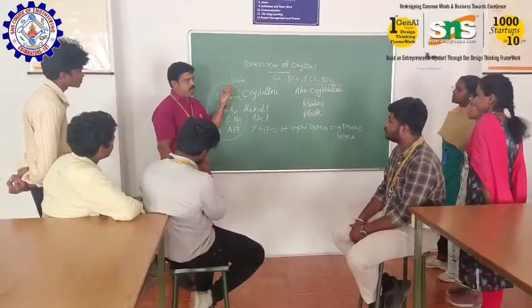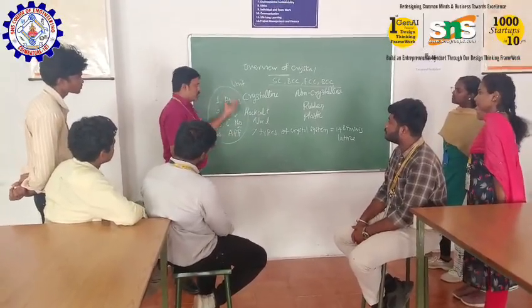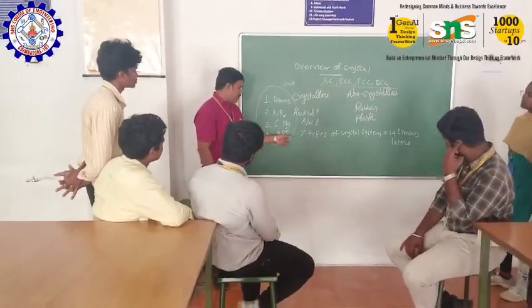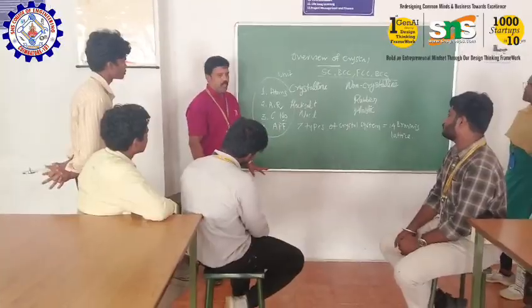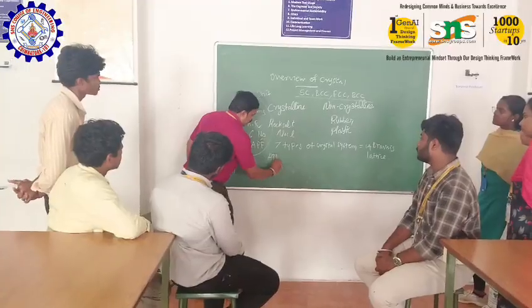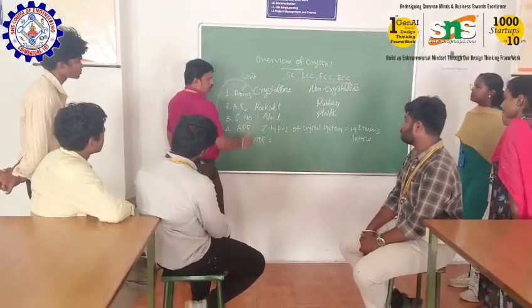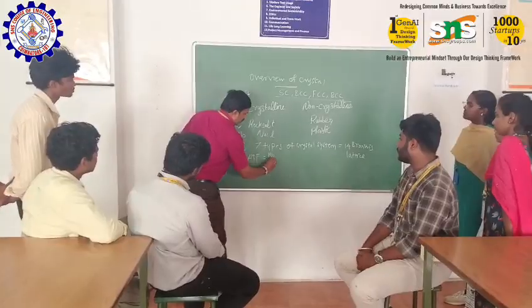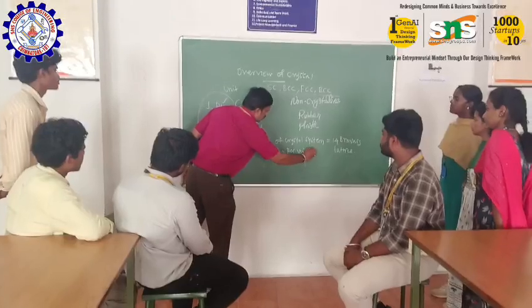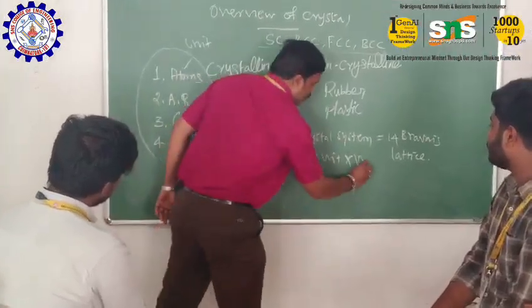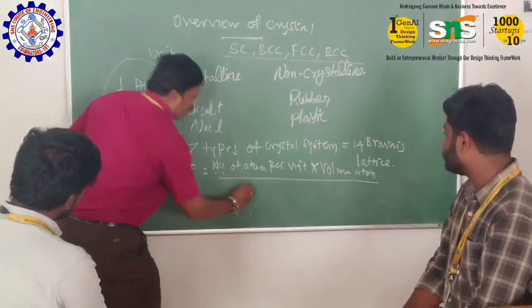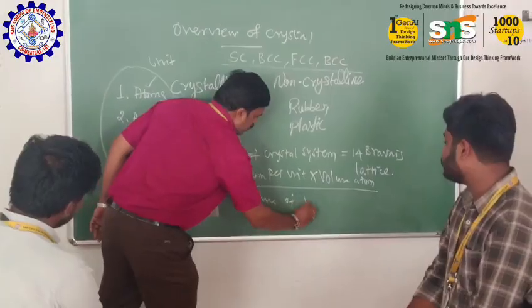If you have any queries about the unit cell, how can we calculate APF? APF means atomic packing factor. We form one formula: APF is equal to the number of atoms per unit cell times the volume of atom, divided by the volume of unit cell.